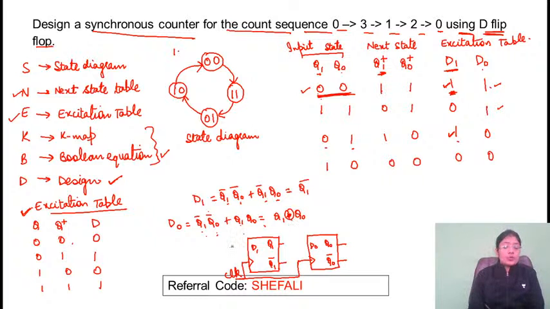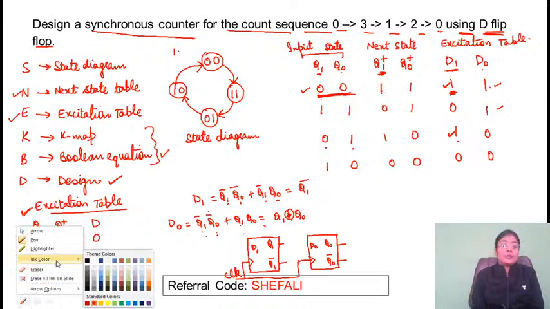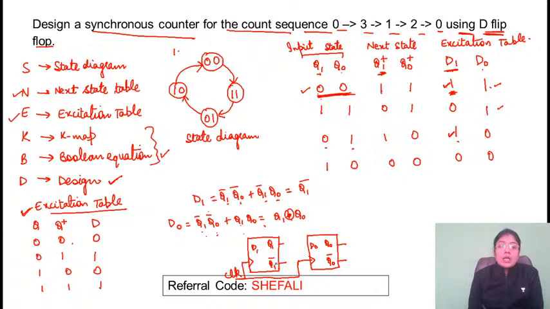So now use this in the diagram. D1 is getting the input from where? Q1 complement. So Q1 complement is here. Q1 complement is behaving as the input for D1. Ma'am, where should we consider Q0 and Q0 complement?